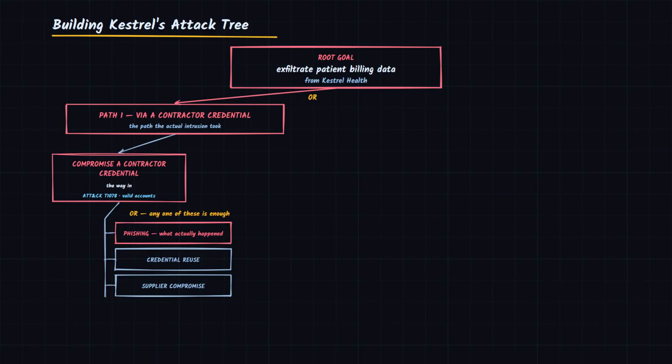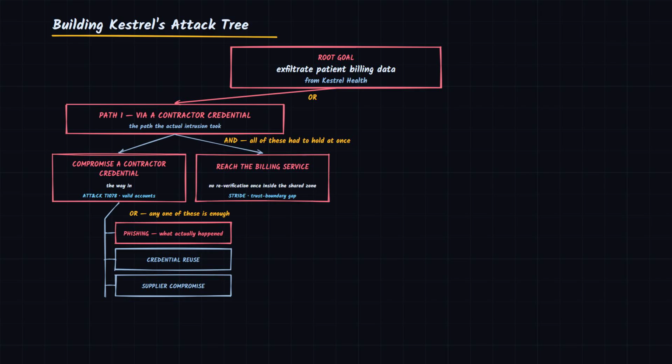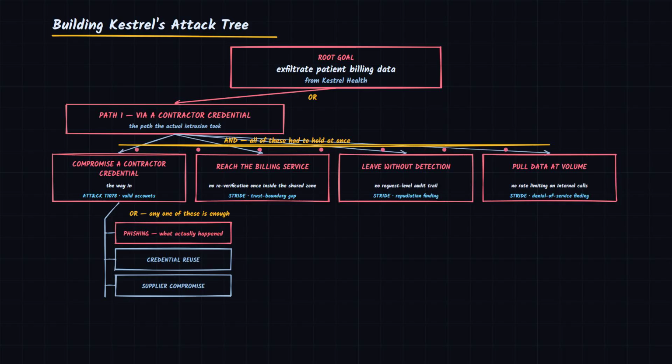And the data has to leave without triggering detection, which requires the missing request-level audit trail, another one of last episode's findings, alongside the absent rate limiting on internal calls. Every one of those three ANDed requirements is a specific STRIDE finding from last episode, and the tree is what shows they weren't three unrelated problems. They were three links in one chain, and all three had to hold simultaneously for the actual intrusion to succeed.